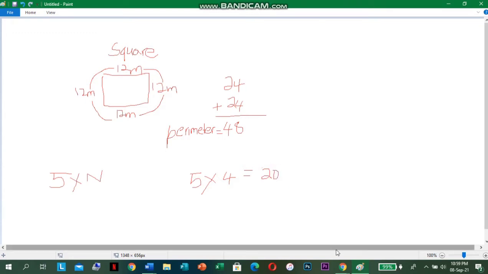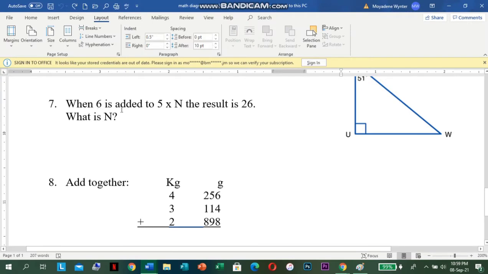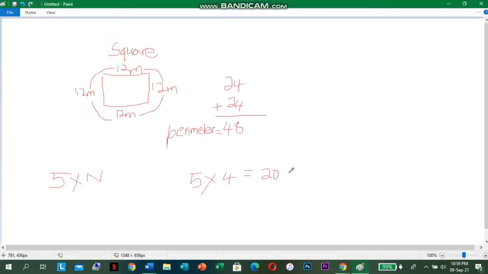And it says when 6 is added to 5 times n, the result is 26. So I should add 6 to the 20. When I add 6 to the 20, I get 26. So n is equal to 4. So I substitute the 4 for the n.